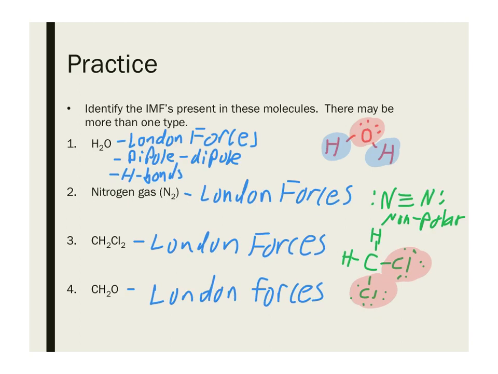They're slightly negative. The H's have like no electrons, so they're slightly positive. What we have is we have a polar molecule. And so if we have a polar molecule, we have the dipole force as well.